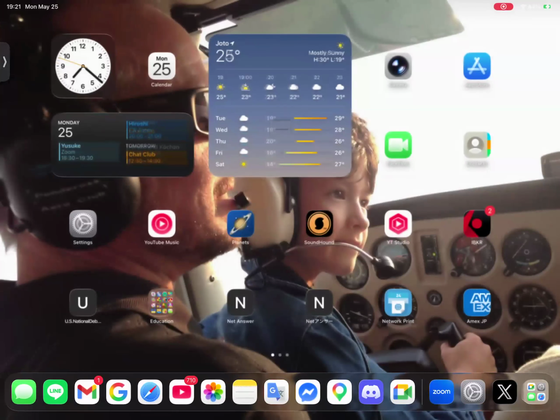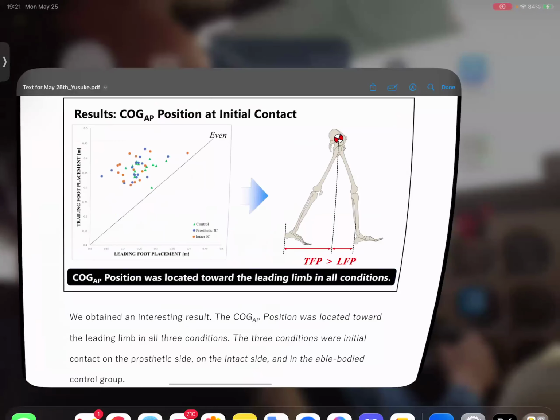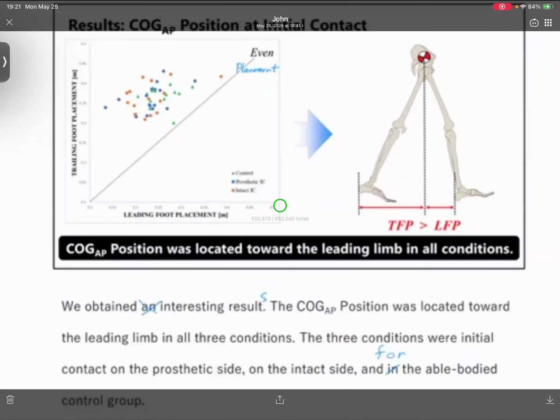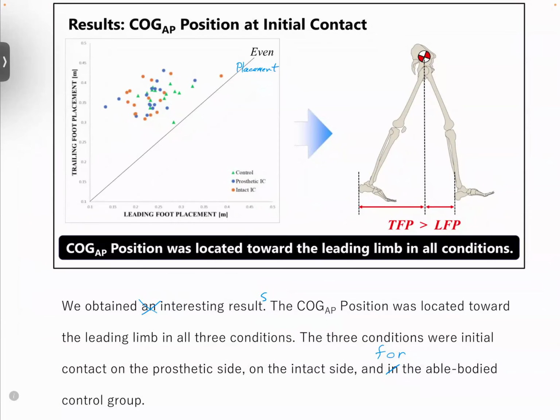We obtained interesting results. The COG sub AP position was located toward the leading limb in all three conditions.